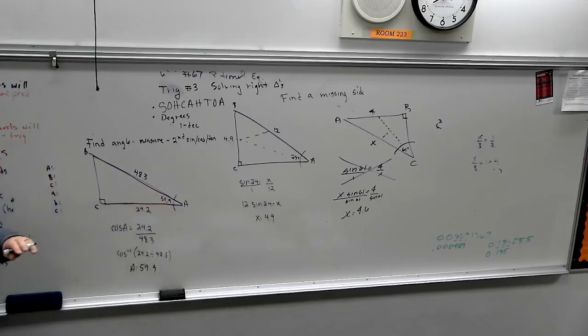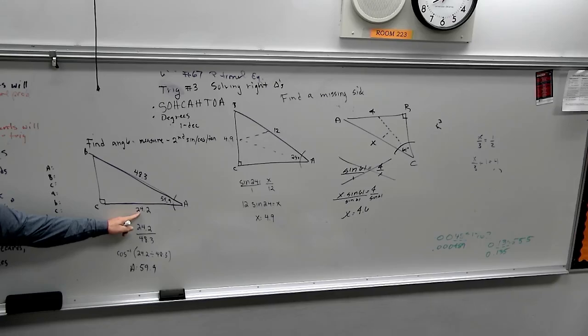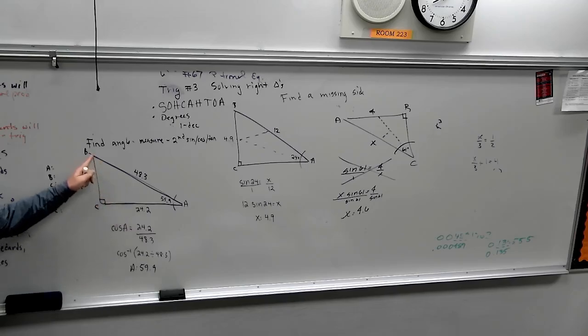If you want to do extra credit today, what I'm going to ask you to do is solve the triangle. When I say solve it, that means I want you to give me all the answers. Well, I give you 3. What measure does this represent? Little b.